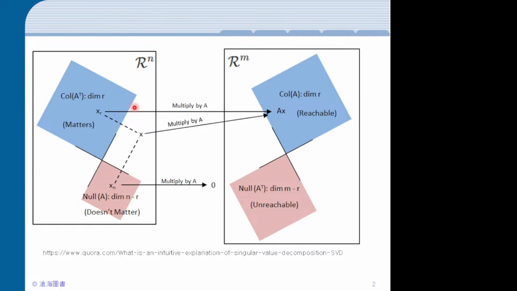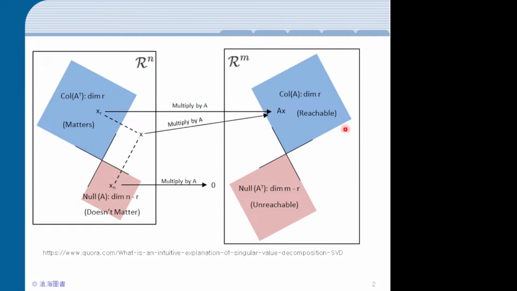So we know those two things are complements, and they add up to the dimension n. The row space has dimension r, and the null space has dimension n minus r. When you map to Rm, everything inside the null space maps to 0, and everything inside the row space maps to the column space of A.